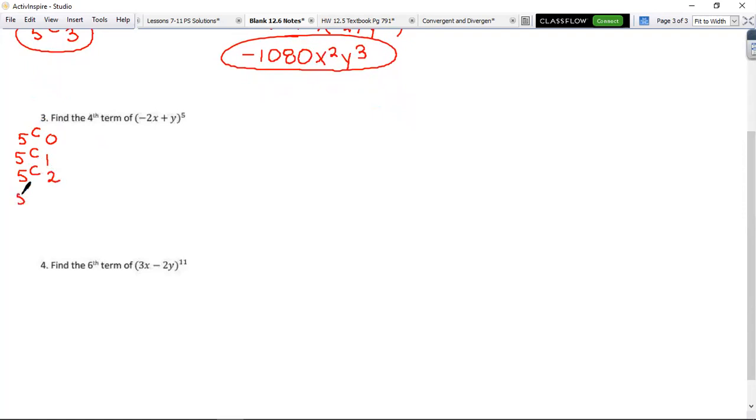So 5, choose 3 is again your setup. So I go 5, choose 3. I take the negative 2x and I raise it to the 5 minus 3. And then I take my y and I raise it to 5 minus that result.